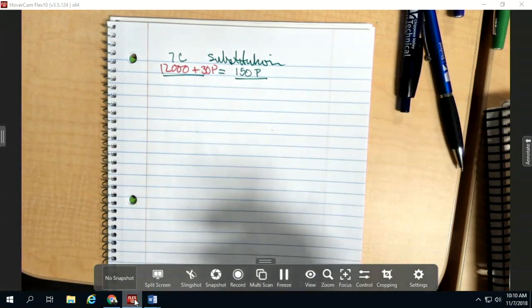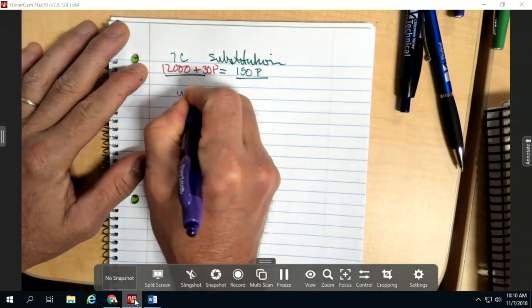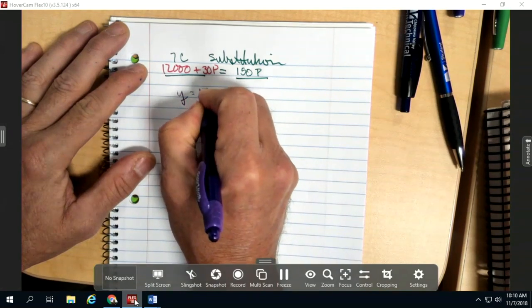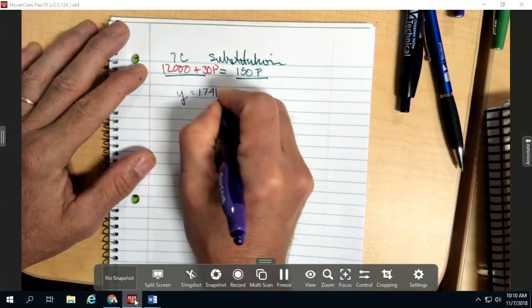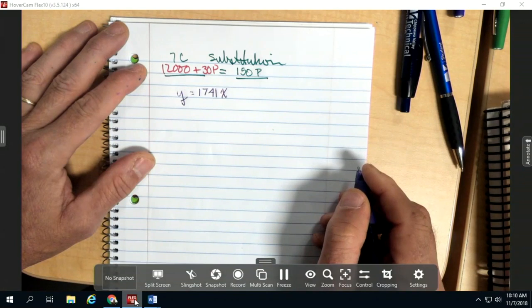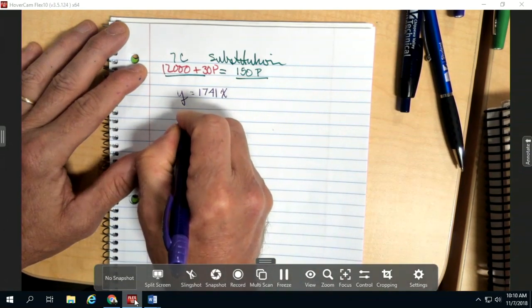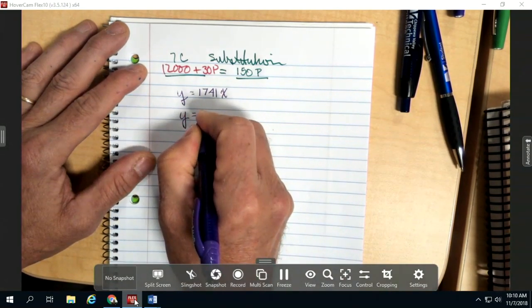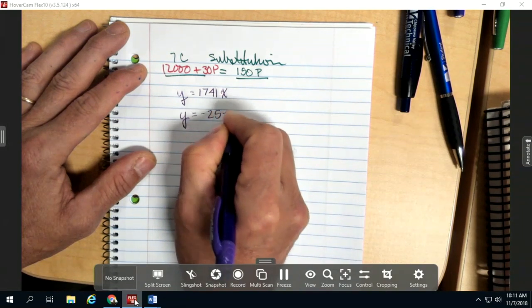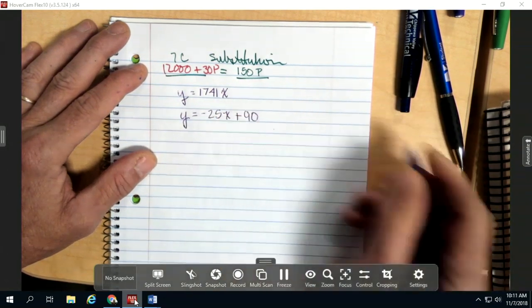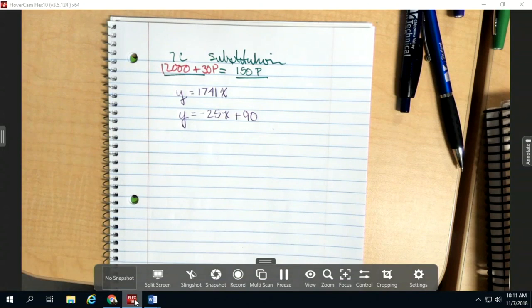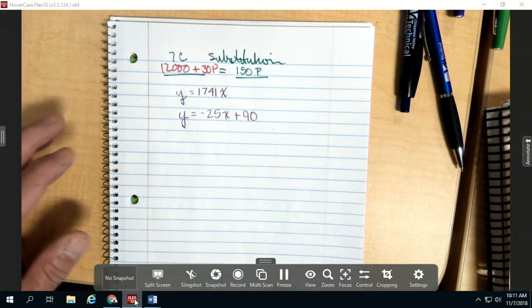y equals 1741x. Okay? And y equals negative 25x plus 90. Actually, it does work this time, doesn't it? Because we have y the same in both cases.